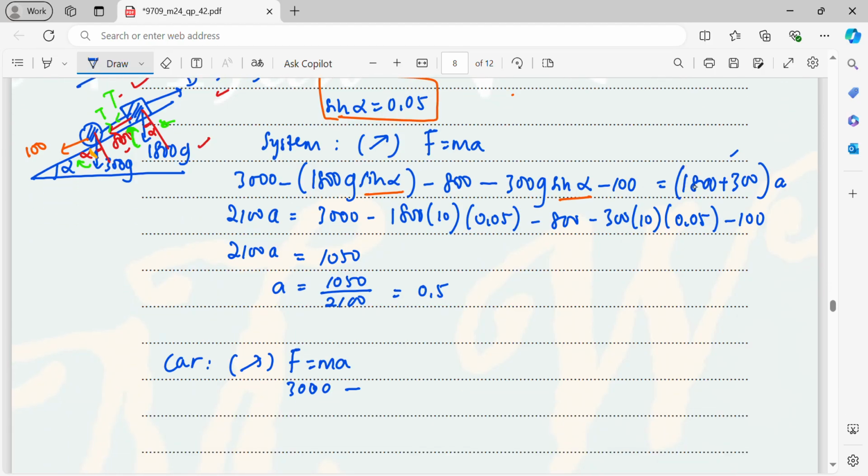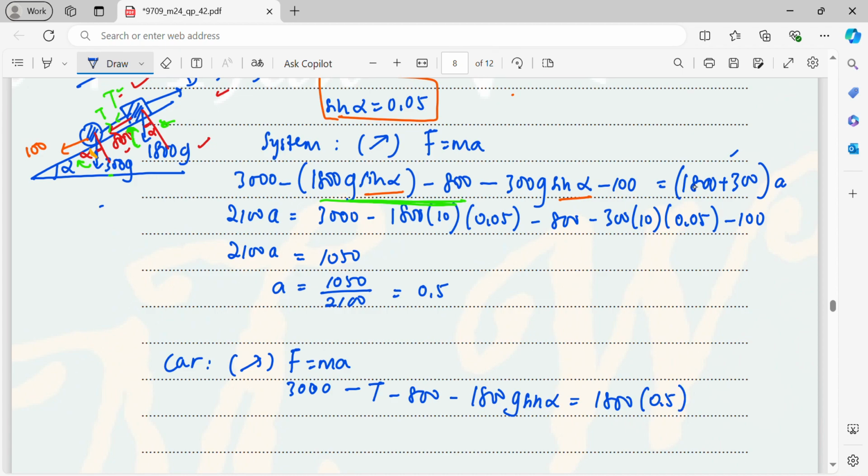Now it will be these two together with the T. So here I will write minus T, minus 800, minus 1800 g sine alpha. Then my m now is just for the car. So the car is 1800 kilograms, and then the a we have found is 0.5.